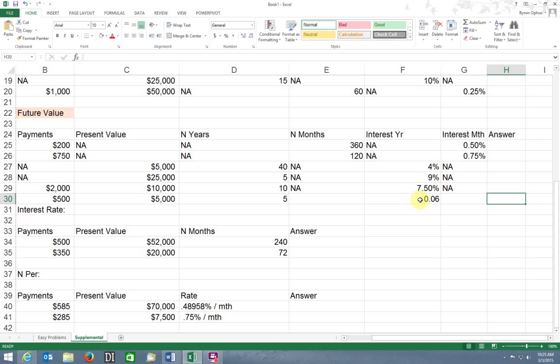Okay, of course I put this in as an annual, but I'm going to be doing this in monthly payments. Okay, so I should have that over here, right? 60 months, I'm sorry. And, oh, that's interesting.